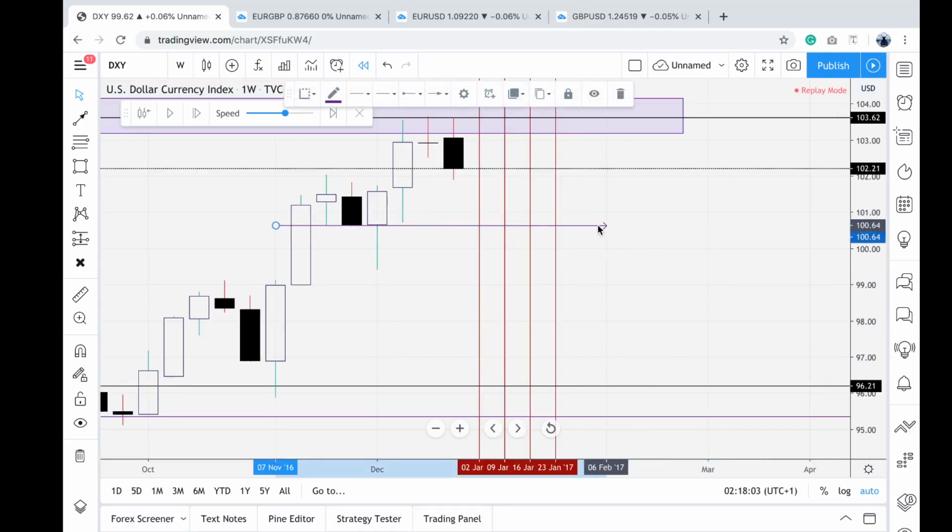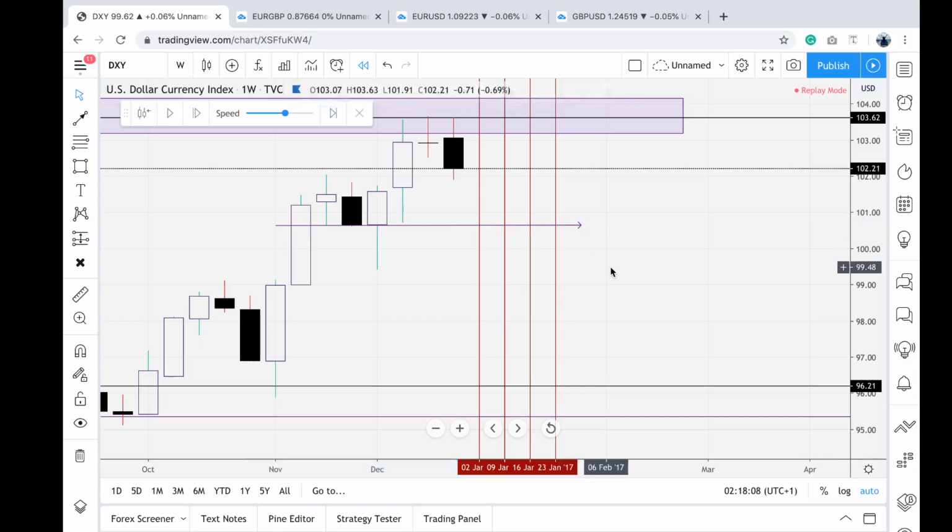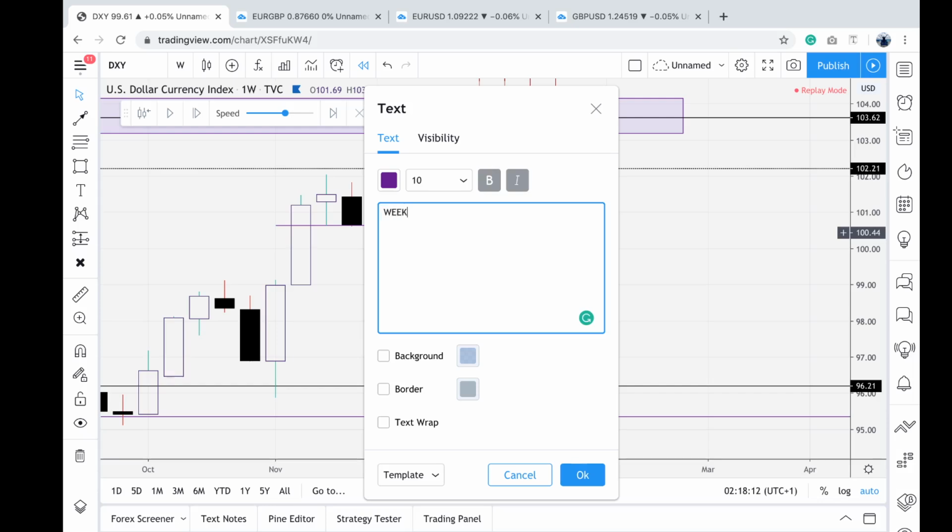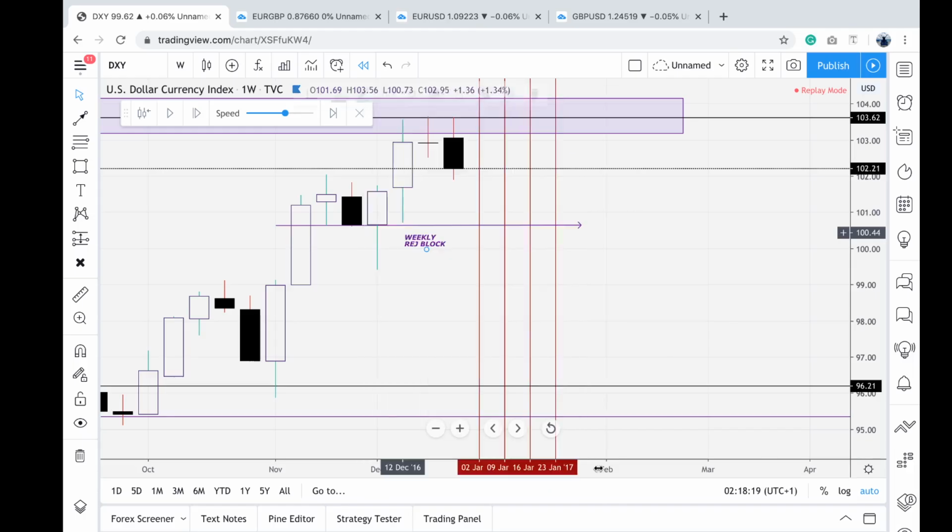Clean body lows. Okay, so that is a weekly rejection block. So we label that weekly rejection block. Okay, so weekly rejection block on this level.